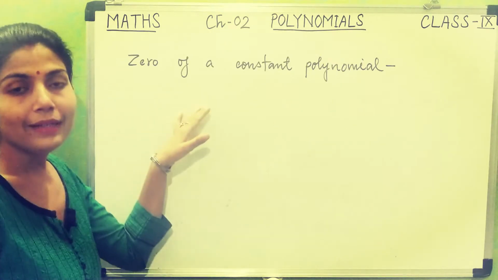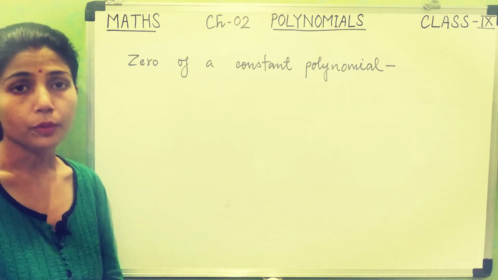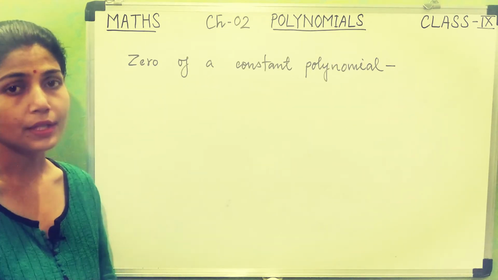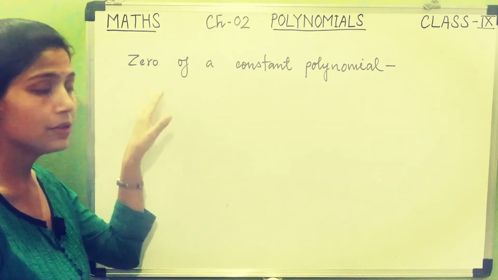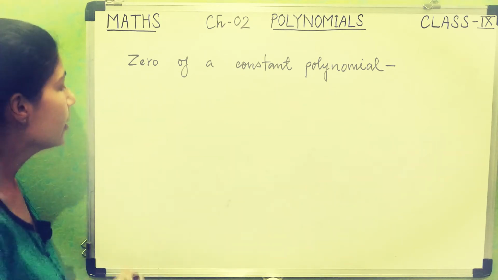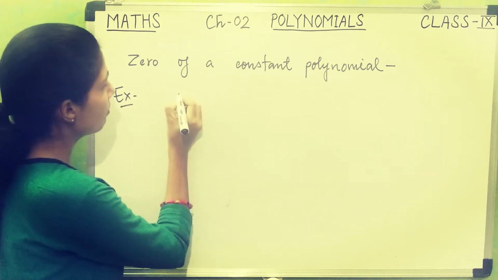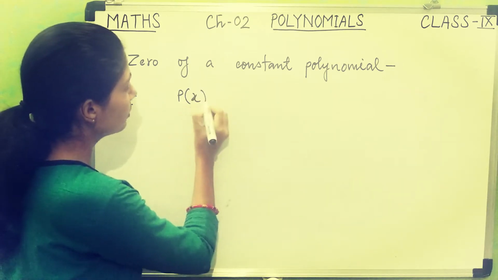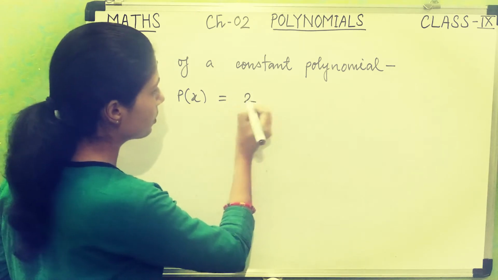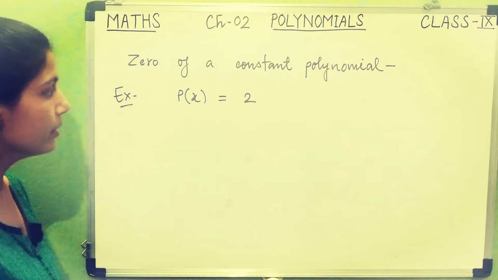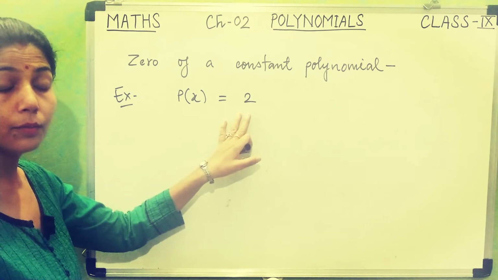Now we will find the zero of a constant polynomial. What about the constant polynomial if we talk about zeros? Let's take an example. Suppose we have a constant polynomial, say 2.